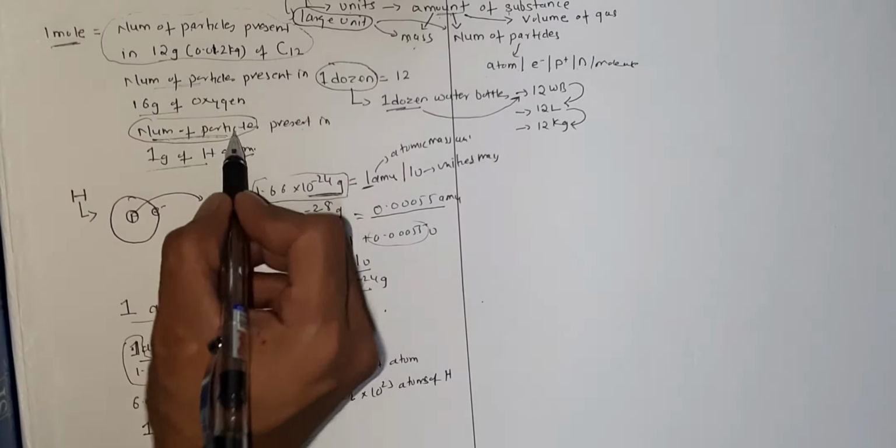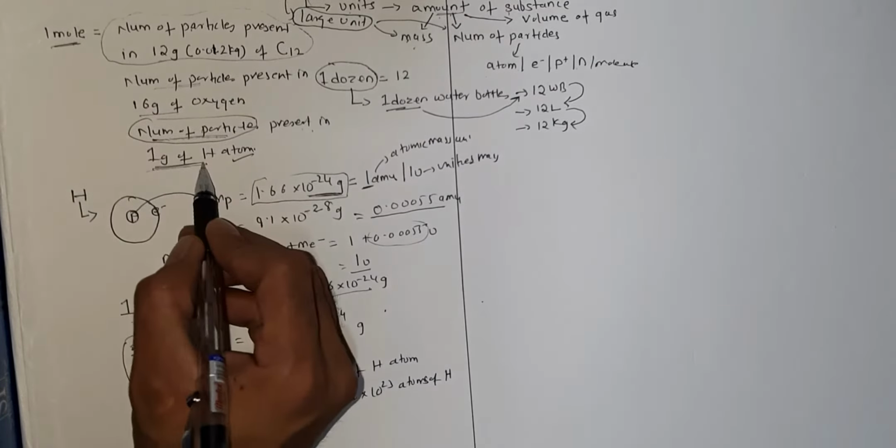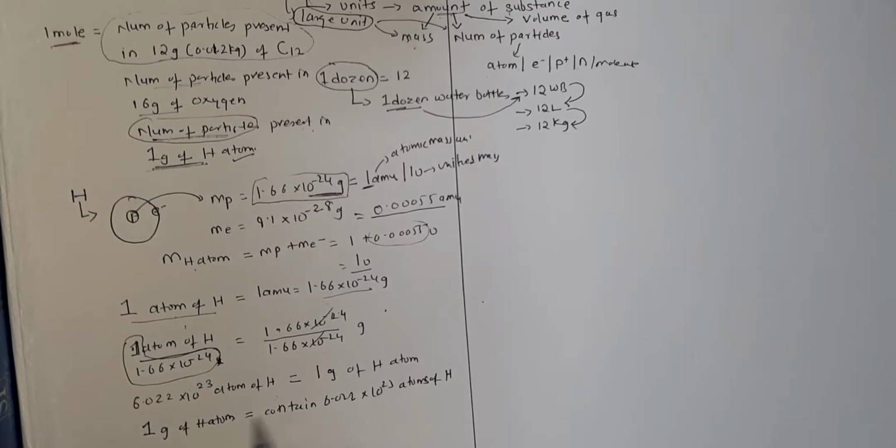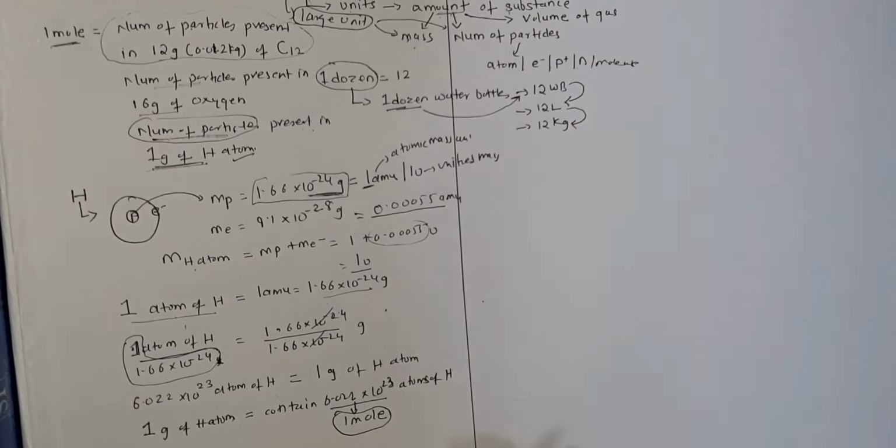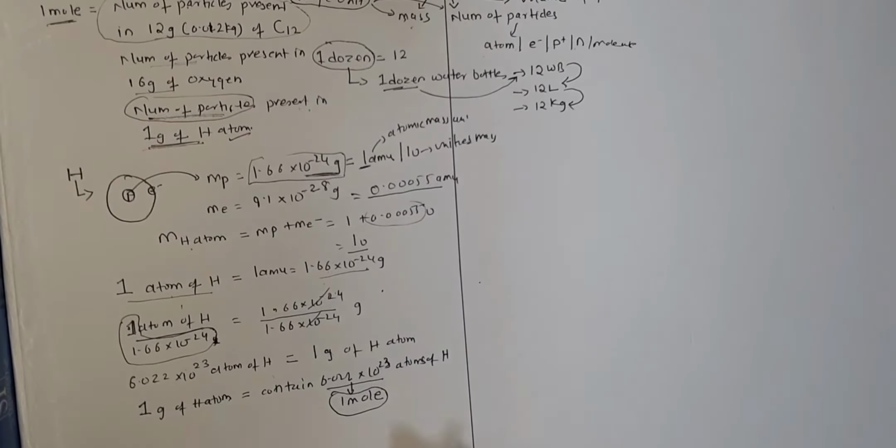So the number of particles present in 1 gram of hydrogen: how many particles are present in 1 gram of hydrogen? 6.022 into 10 raised to 23 particles. So this is nothing but 1 mole. So what is 1 mole? 1 mole of any substance consists of 6.022 into 10 raised to 23 particles.